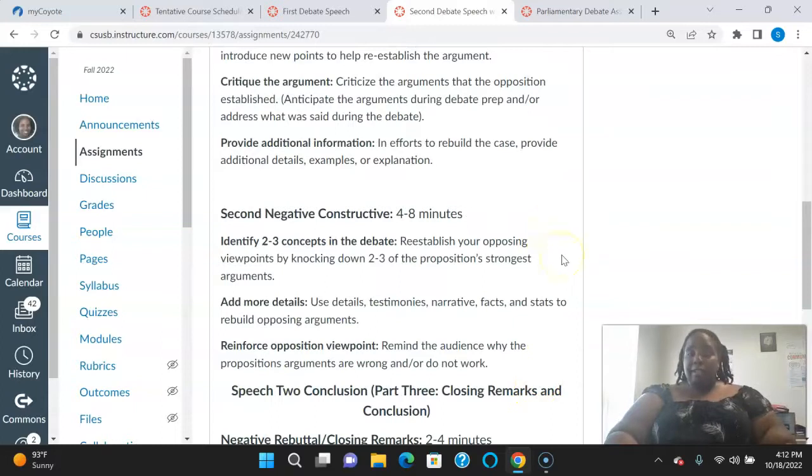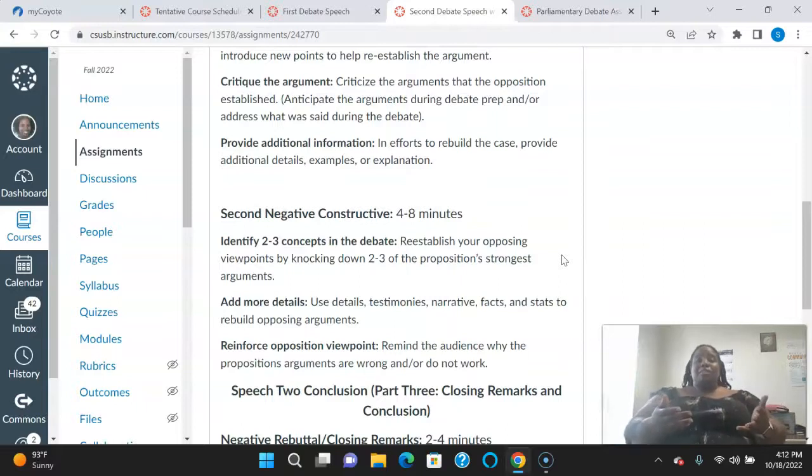Now, if you're on the negative side, you are knocking down that argument and concluding your own. So in a debate space, just to go back a little bit, in a debate speech, the affirmative is constantly building the argument and the negative is constantly chopping down the argument.